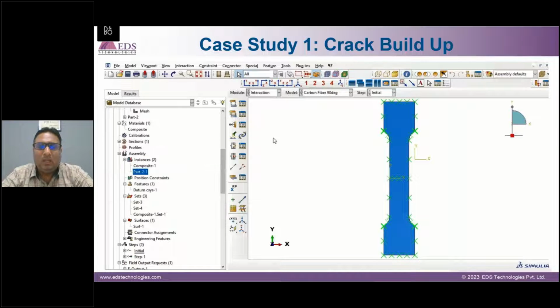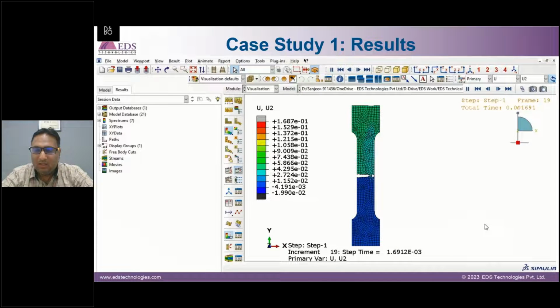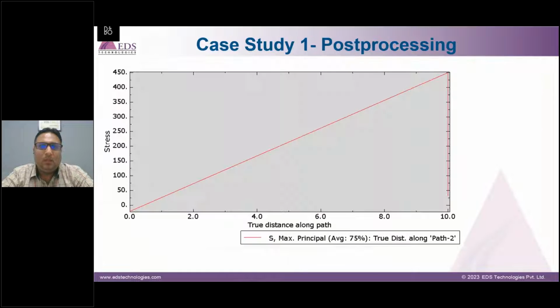So this will basically make your particular specimen, and we are providing the loading condition as a tensile loading, and you can see the results of how it will work. This is how the crack will propagate and your tensile test is happening. And we can have the post processing as well. You can get the stress strain curves out of this and whatever outputs we require.